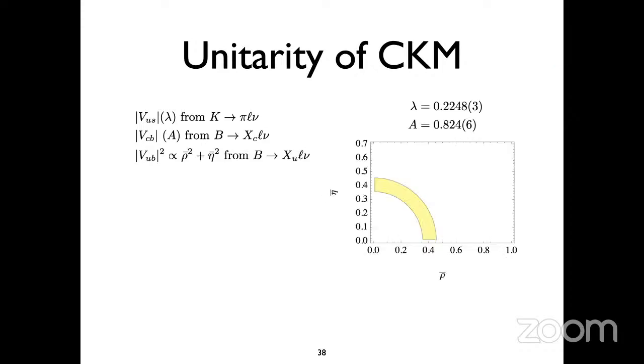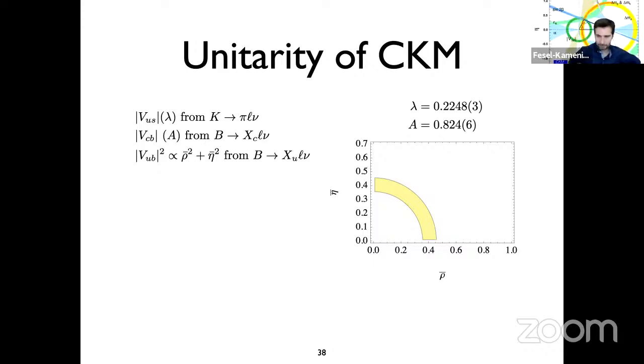Once we fix lambda and A, then we can project other measurements, for example of flavor changing charged current mediated processes, onto the plane of rho bar, eta bar.